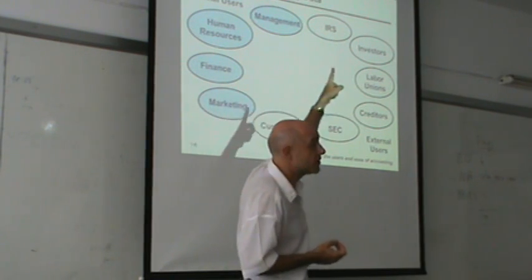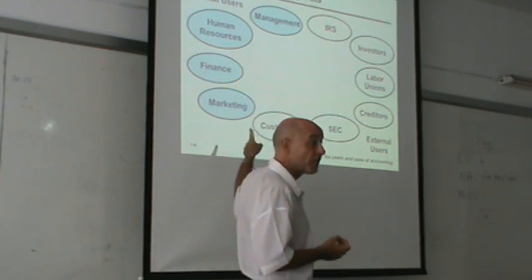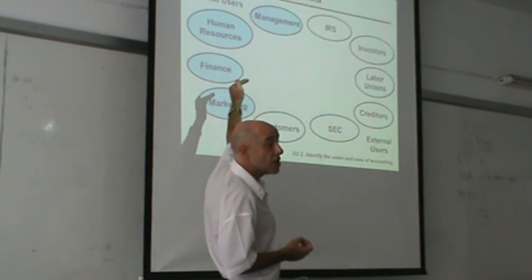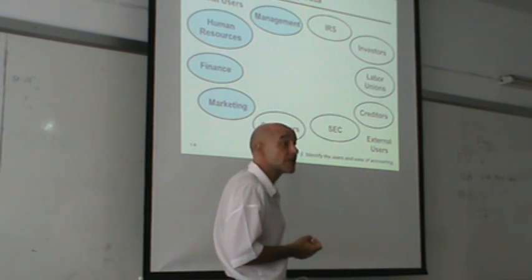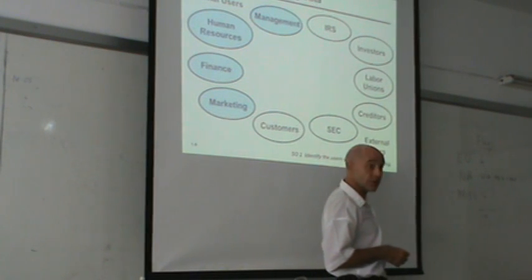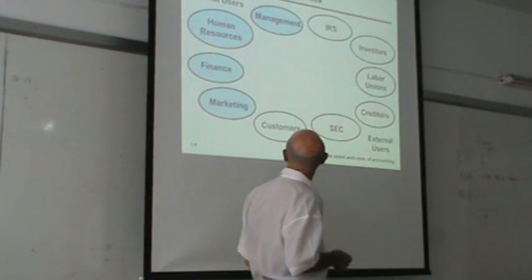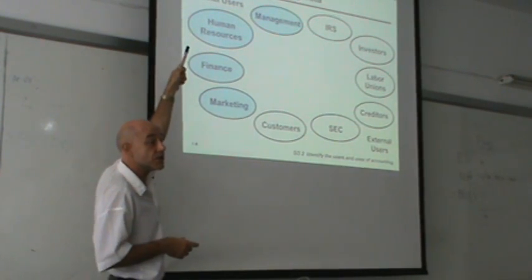So all of this information, accounting data, serves different people. These we call internal users in blue, and these we call external users. Oh yeah, they have it here. External users, and far out there is internal users.